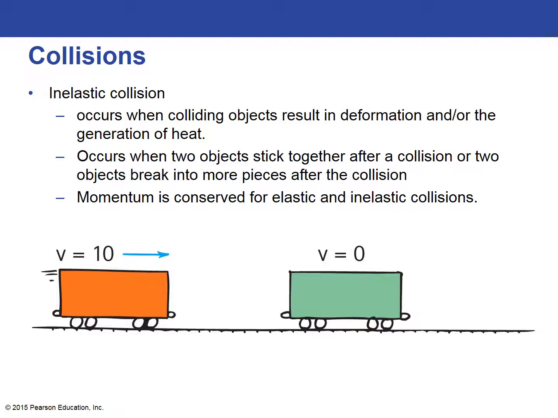So if they travel off together, we have beforehand that the mass of the red car times 10 is equal to twice the mass of the individual cars times the new velocity, and therefore the new velocity is equal to 1/2 the velocity of the red car. That is to say, the velocity of the combined red and green car system acting together.